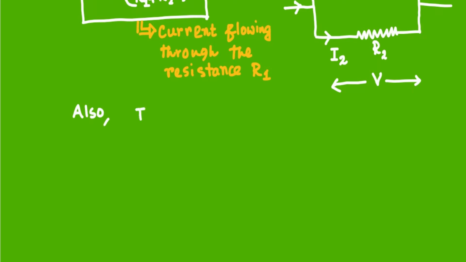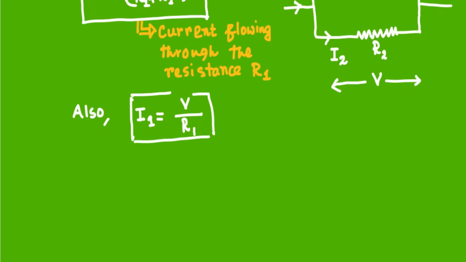Also, I1 has another formula, that is potential difference V divided by resistance R1. I1 equals V by R1, potential difference divided by the resistance.